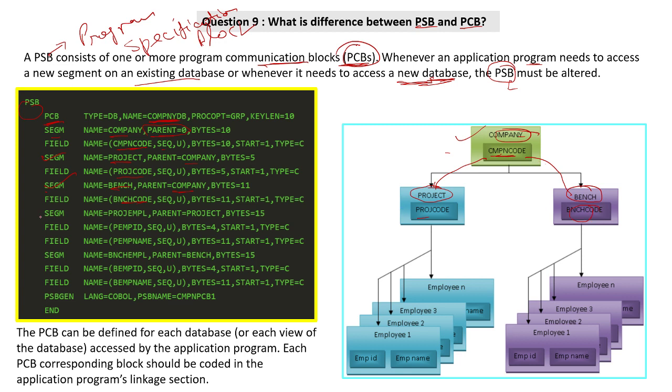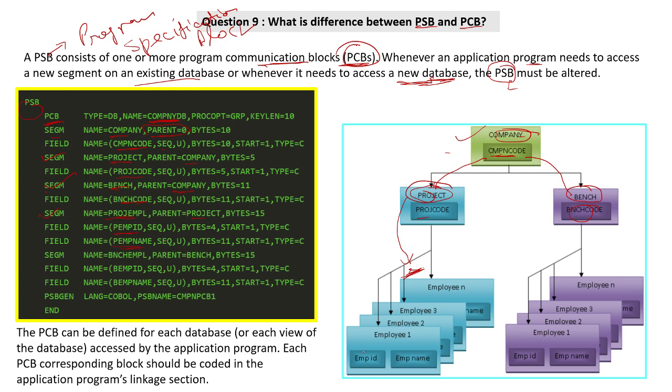Then we have another segment, project employee. In the project employee segment we have the parent project, and under this segment we have two fields, project employee ID and project employee name.